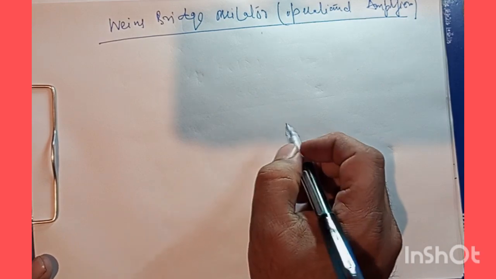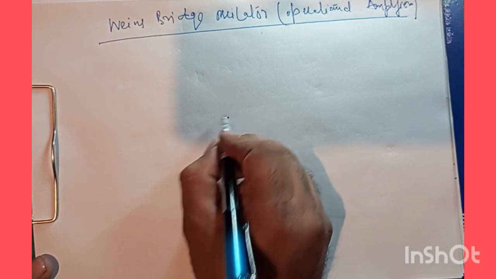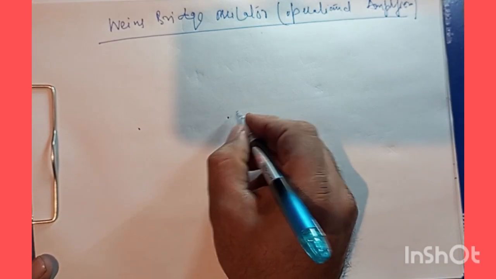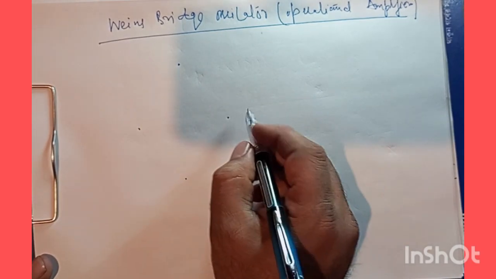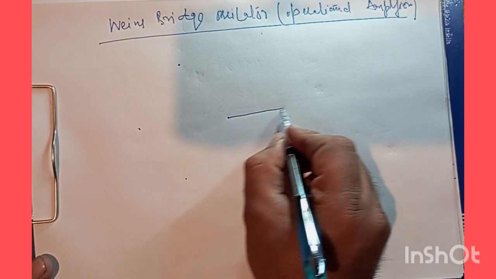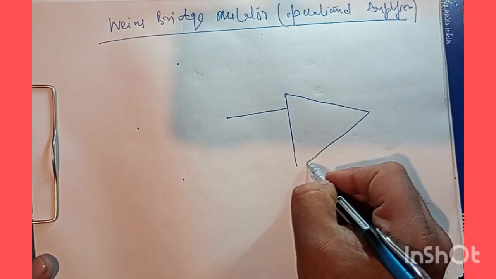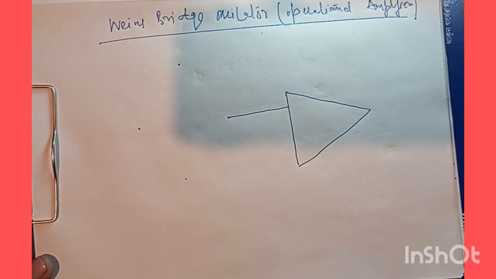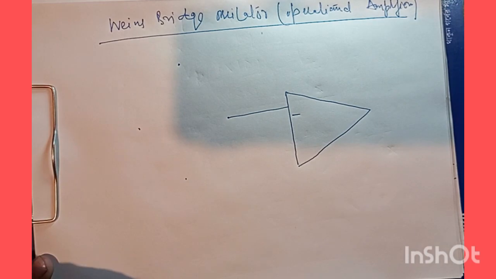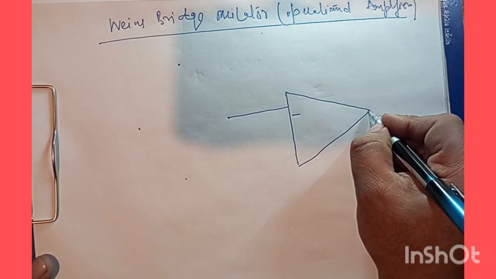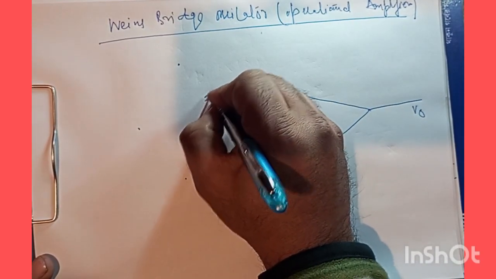What we have is, let's go with first the bridge, and then let me have the operational amplifier. This is the negative terminal of the operational amplifier, and here we will have the output, and here we have a resistance.